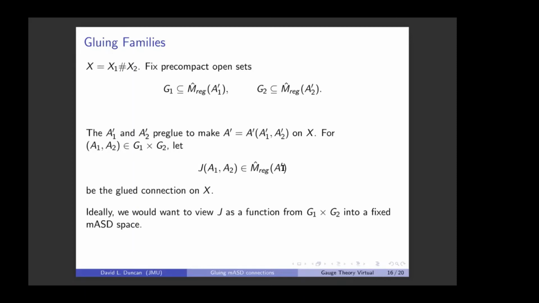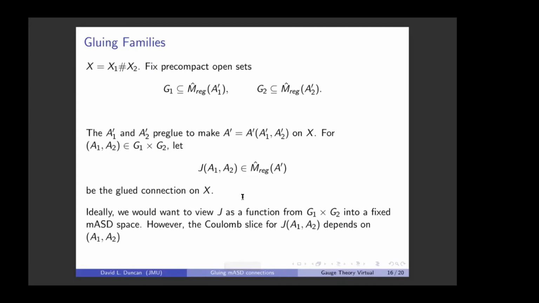You can do that in such a way that all this is taking place in the Coulomb slice associated with this A prime. So by doing the implicit function theorem that I talked about earlier, one piece at a time, as A1 and A2 vary over G1 and G2, you get a function from G1 cross G2 into, you'd like it to be, a fixed mASD moduli space.